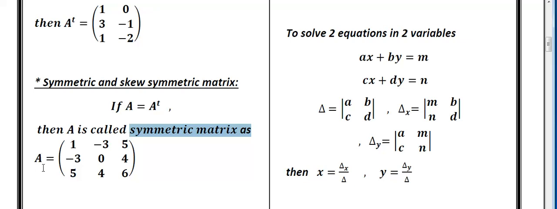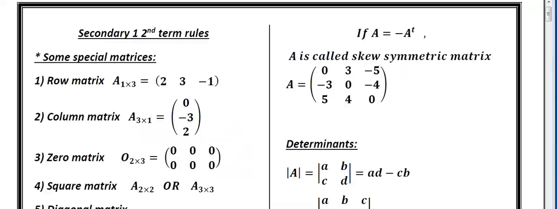Look at here. A equals 1, negative 3, 5, negative 3, 0, 4, 5, 4, 6. But if A equals negative transpose A, A is called a skew symmetric matrix, such that the diagonal here is 0, 0 and 0, and 3 here and negative 3, negative 5 and 5, negative 4 and 4.